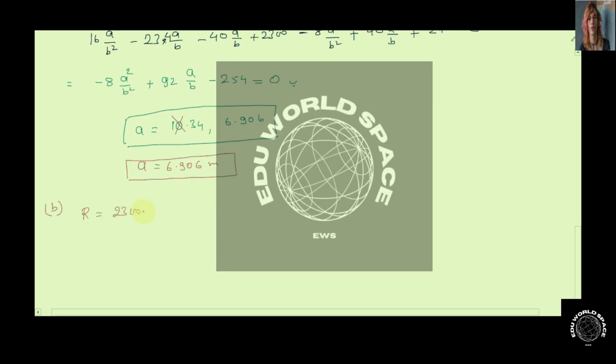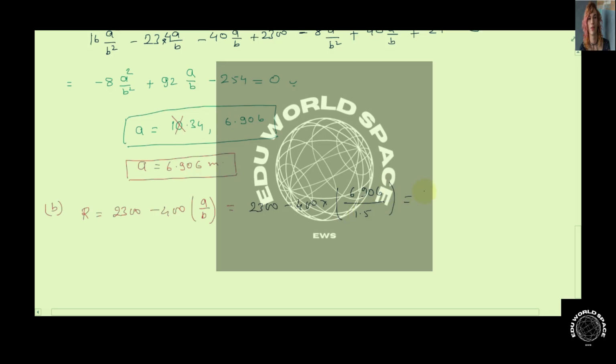R is equal to 2300 minus 400 A upon B, and if we put the value of A and B here, it will be 2300 minus 400 multiplied by 6.906 divided by B, and B is given as 1.5.